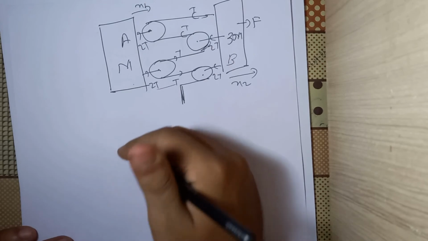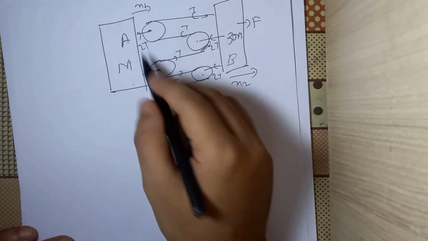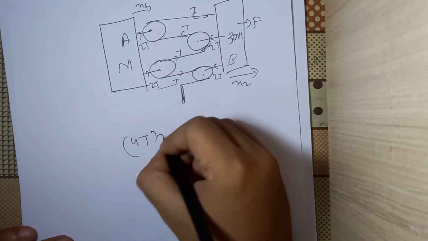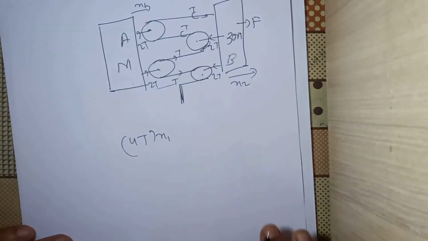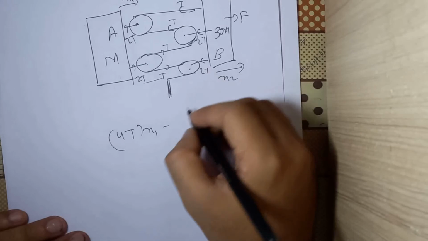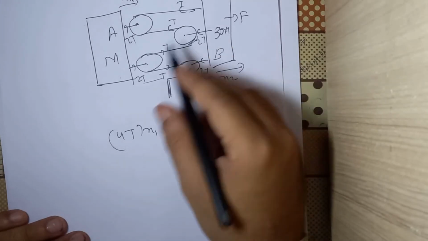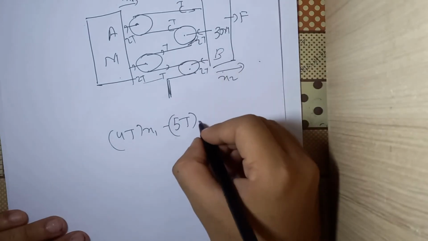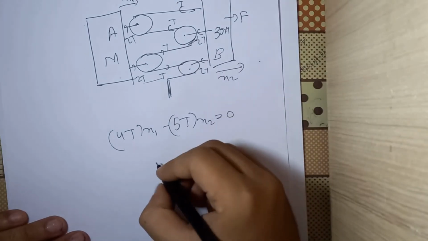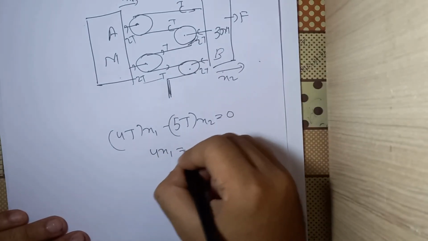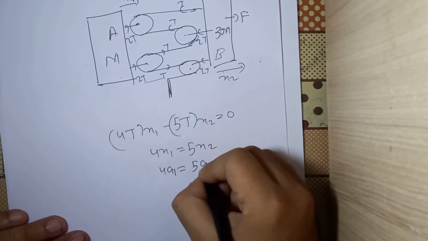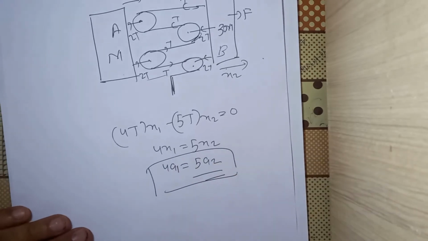So we can directly say that because the total tension was 4T, the net work done is 4T into x1. 2T and x1 are in the same direction, and for this part, the net 5T tension was in this direction and x2 is assumed in this direction, so these are negative and the sum has to be 0. So you will get that 4x1 is equal to 5x2, or differentiating it 2 times, 4a1 is equal to 5a2. So this is the equation that you will get.